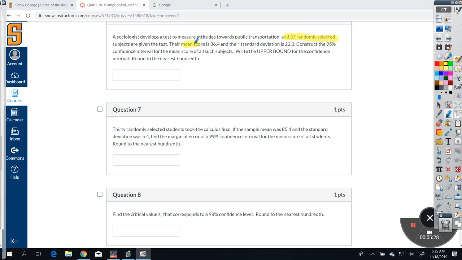Then their mean score is 36.4, standard deviation is 22.3, construct a 95% confidence interval. So on this, again, make sure you're using the T interval. I'm using the mouse to write with right there. So use the T interval, and you should get the right answers this time.